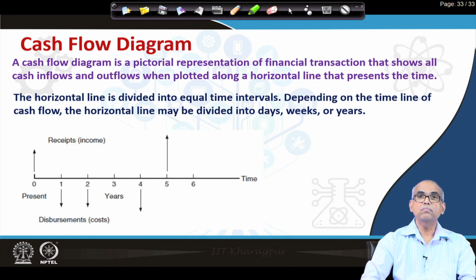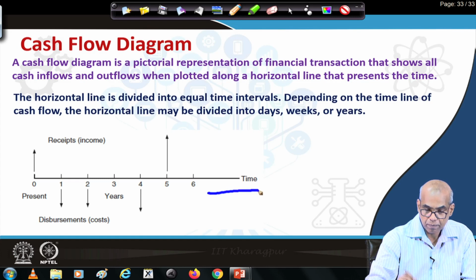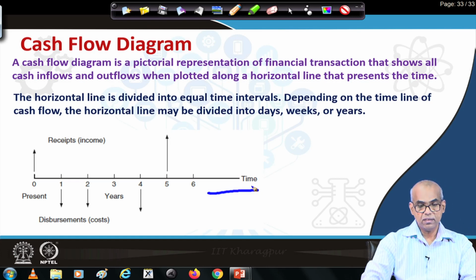A cash flow diagram is a pictorial presentation of financial transactions that shows all cash inflows and outflows when plotted along a horizontal line that represents time. So, if you look at the figure, see the horizontal line which represents the time.